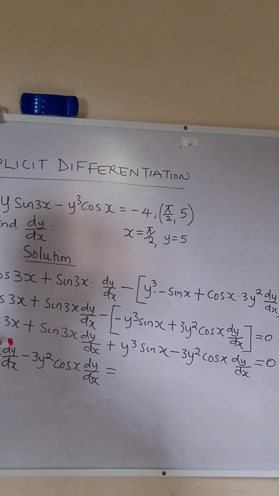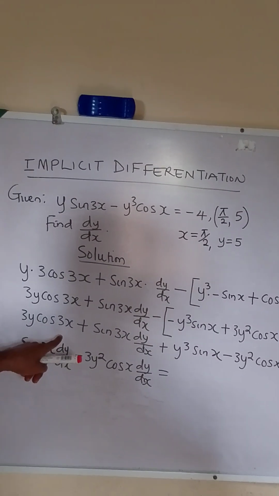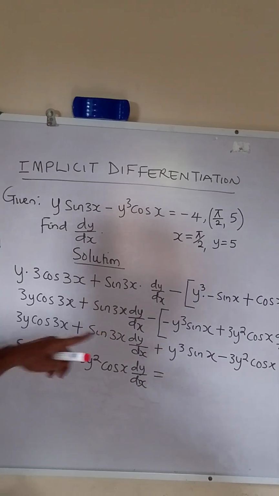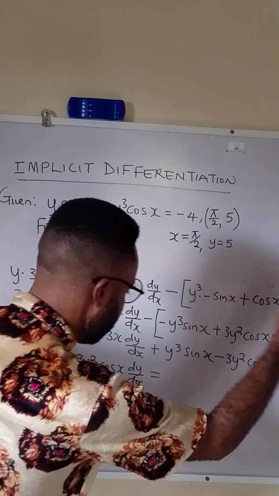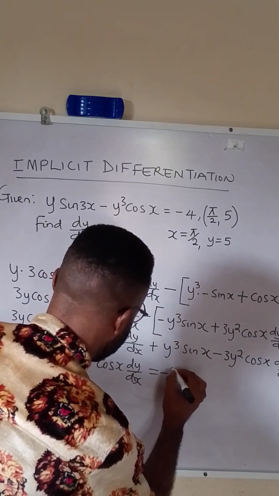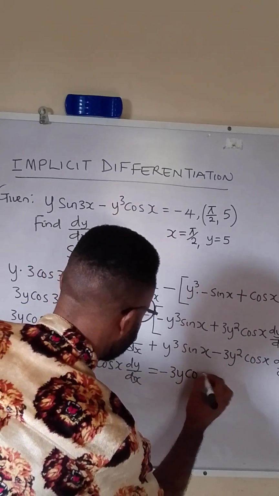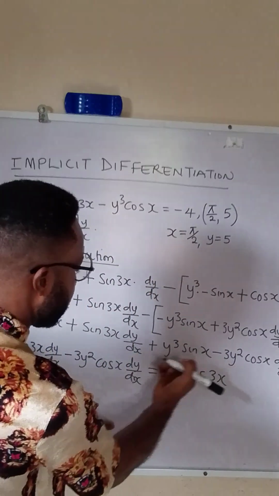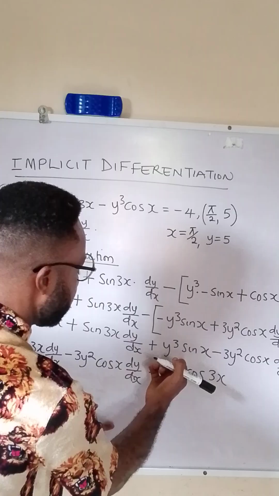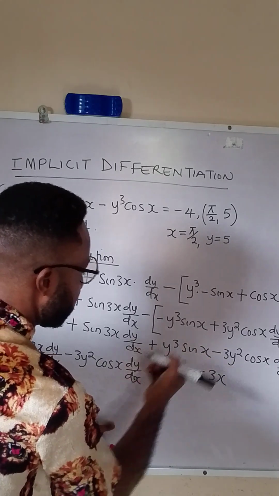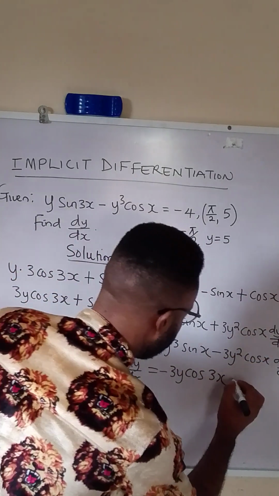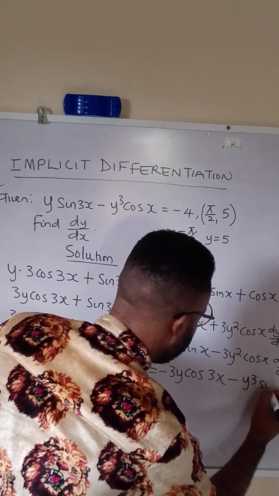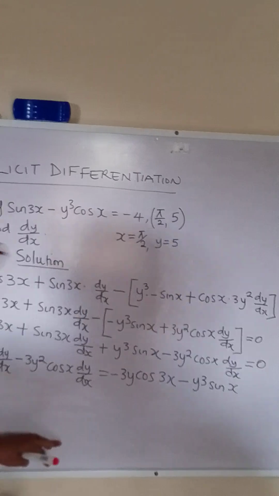If we are moving 3y cos 3x to the right hand side, because it's positive here, it's going to be negative over there. So we have minus 3y cos 3x, and we also move this one without dy dx, y cubed sine x, because it's positive, it's going to be negative on the right hand side, so I have minus y cubed sine x.